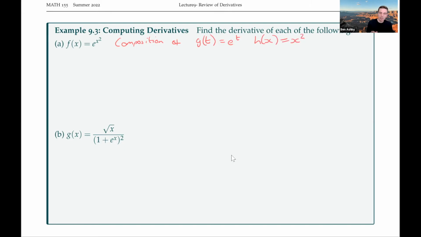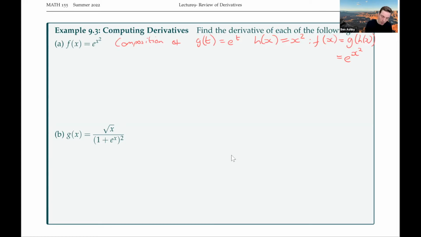I just changed it to a t here just to illustrate that it's something different so we don't get our x's confused. And then we have f of x is equal to g of h of x. So g in this case is our outer function and h is our inner function, and that's our e to the x squared. The t here is just a dummy variable that we're using.